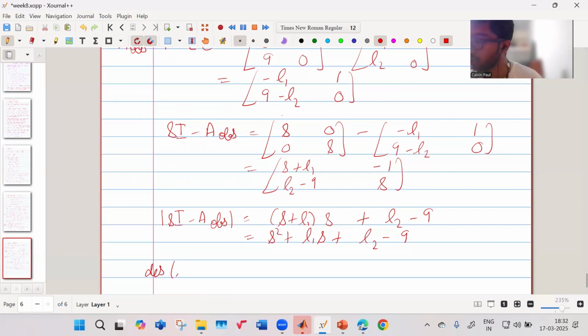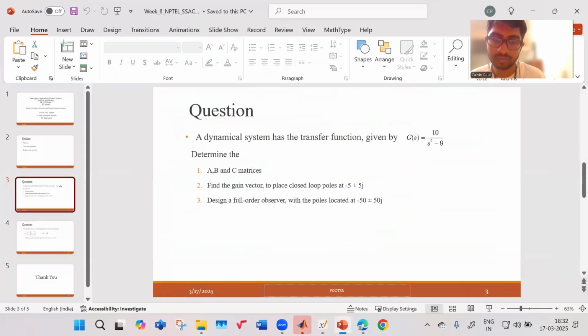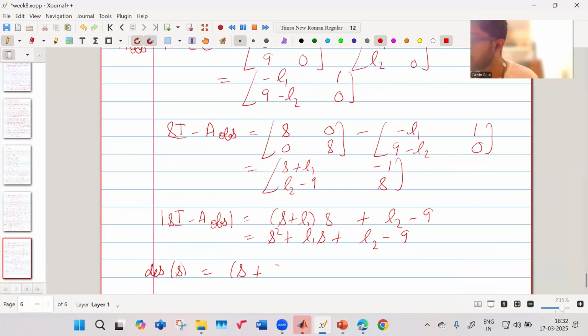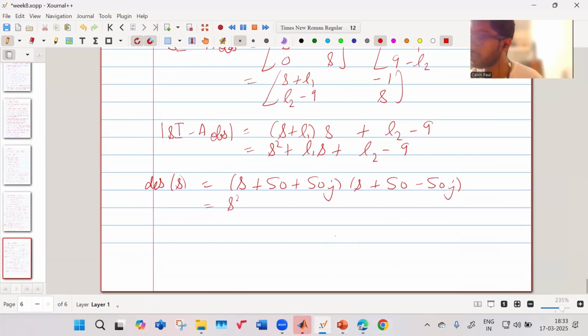But our desired polynomial is s plus 50 plus 50j into s plus 50 minus 50j. That is s square plus 100s plus 2500 plus 2500, that is s square plus 100s plus 5000.